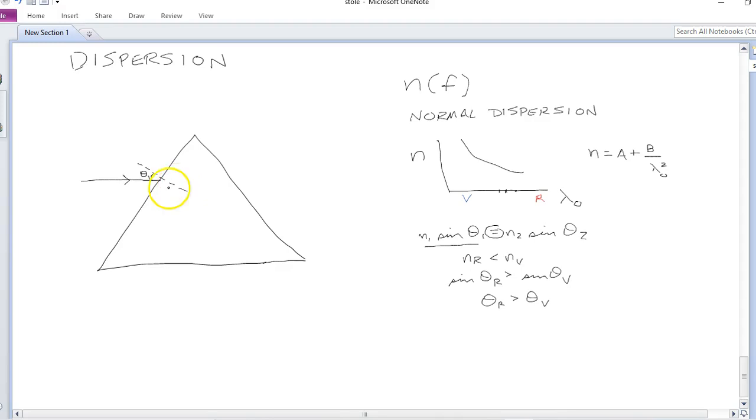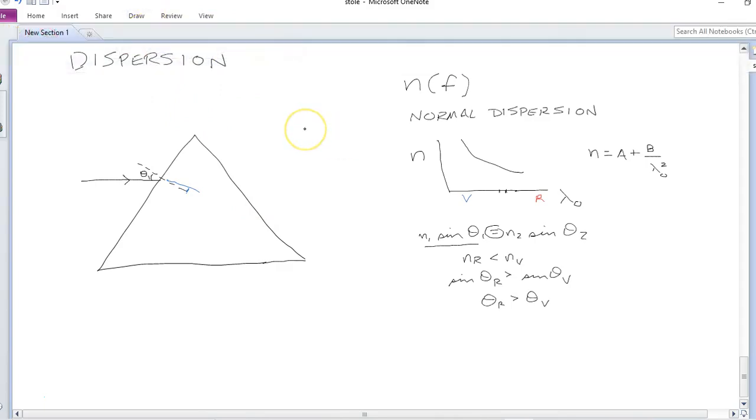I remember that means it's going to bend towards the normal. So instead of going straight across, it's going to bend like this. That would be my theta violet, this tiny angle right here. Theta red's got to be bigger than that.